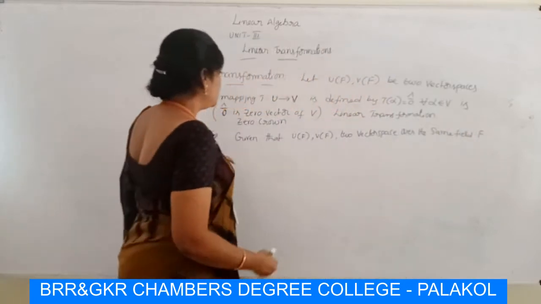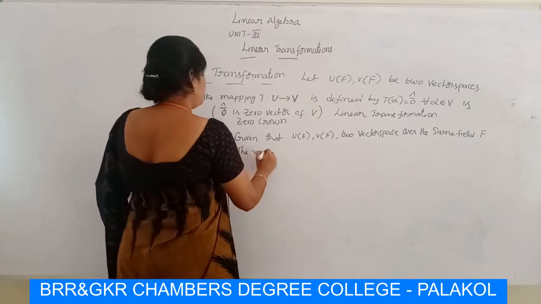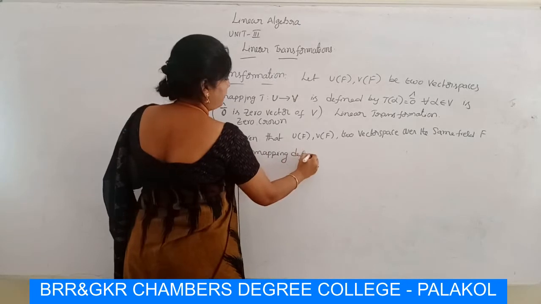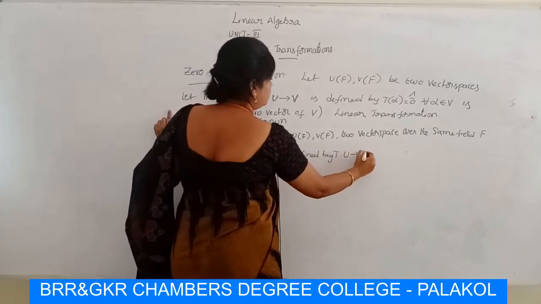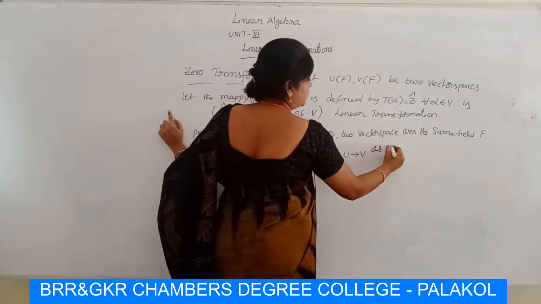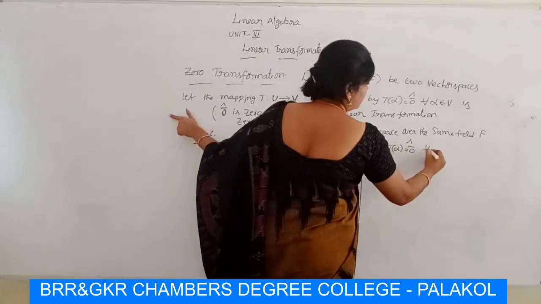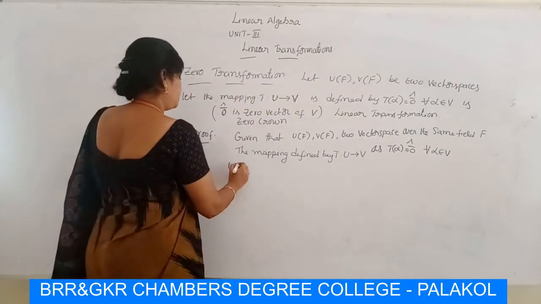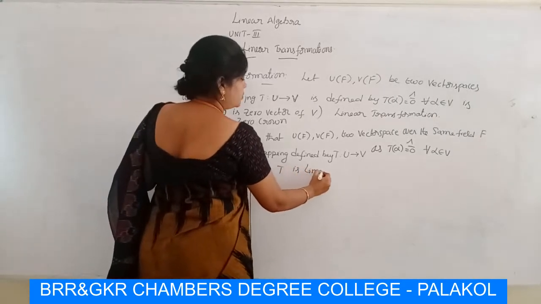and the mapping defined by T maps U to V as T of alpha is equal to 0 crown for all alpha belongs to U. We prove that T is a linear transformation.